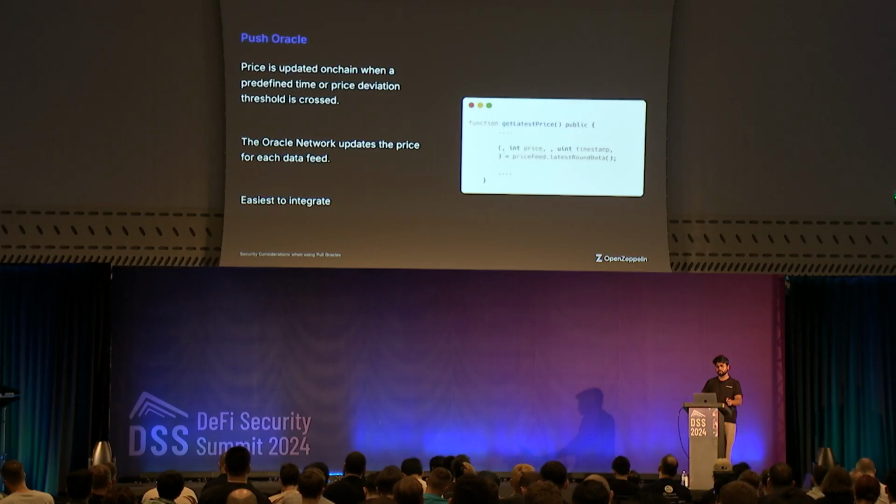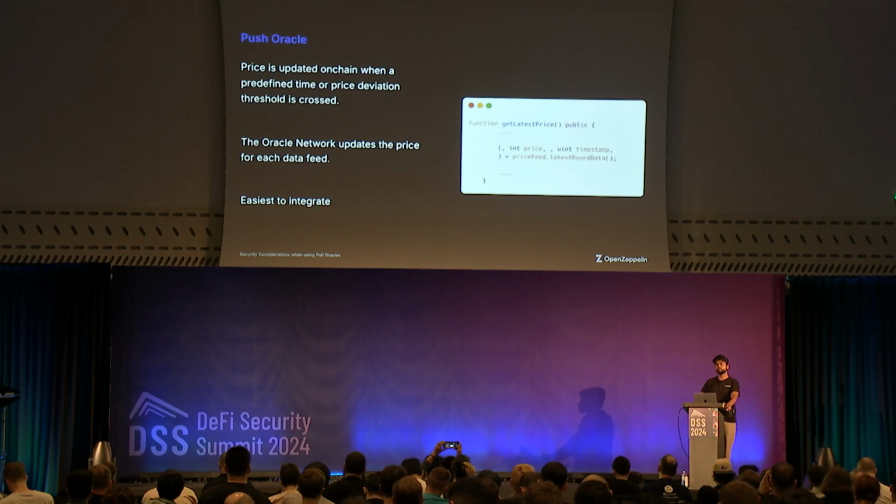They are the easiest to integrate with, because all you need to do is call a specific function of a certain smart contract with their interface, and you can get the data. So this makes it very easy to integrate.